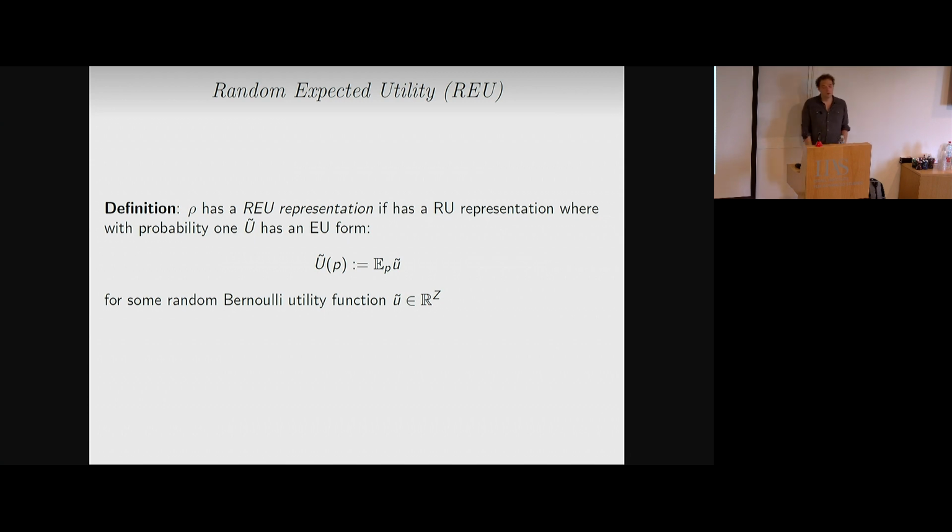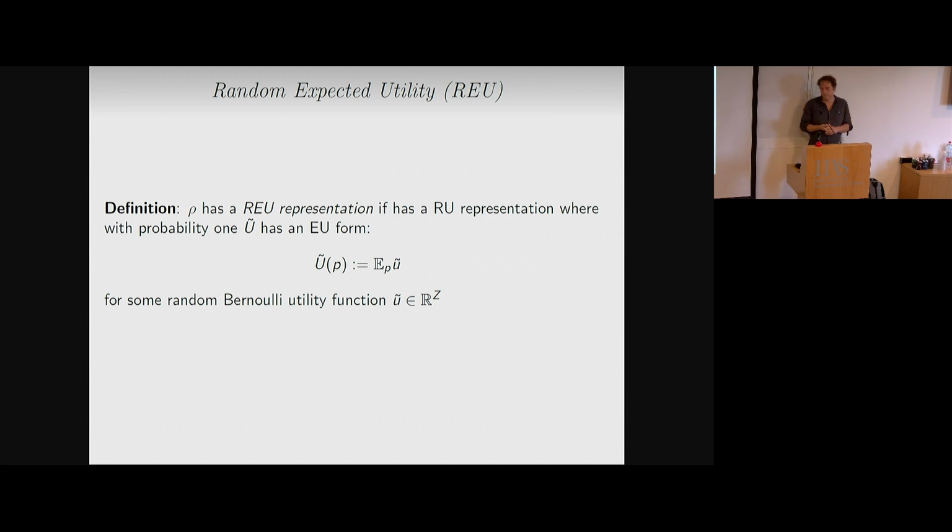Okay, so you are saying that there could be many representations, and some of them of the same rho. One of them is of this form, and for each capital U, I cube that capital U, and it's going to represent the same preference over lotteries, utility by utility, but the cube of capital U does not have an expected utility form because it's not linear in probabilities anymore. Is that what you're referring to?